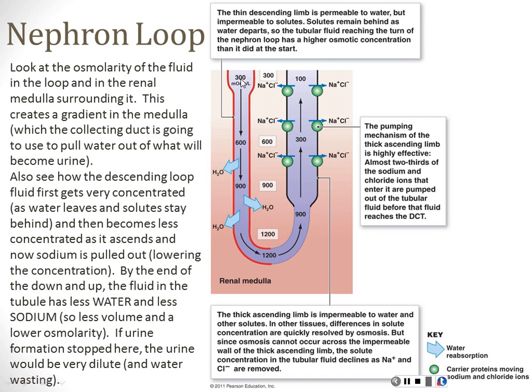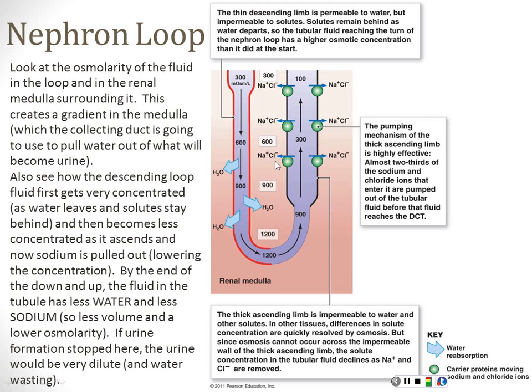Okay, so we see the filtrate gets more and more osmolar, right? The number gets higher. Turns the corner, starts to go up. Now we see the numbers getting lower. Why? Well, now the salt is being pumped out. So in your sugar water, if you started taking the sugar out but leaving the water behind, tricky to do in the kitchen, but the kidney can do it because it's molecular machinery, right?